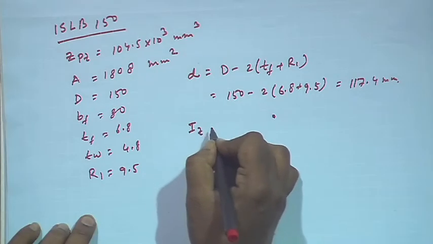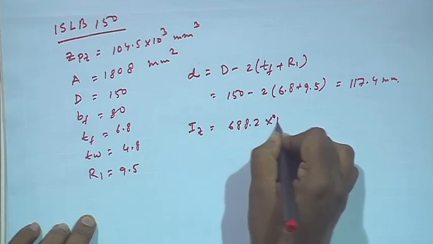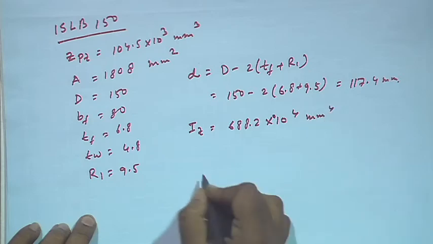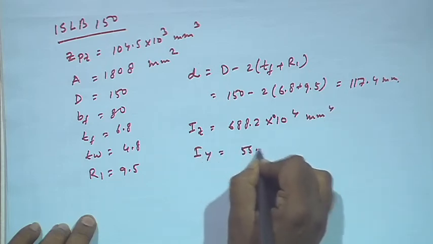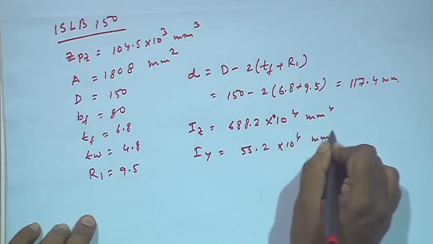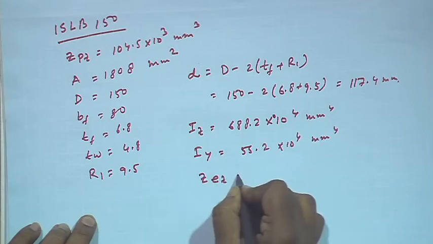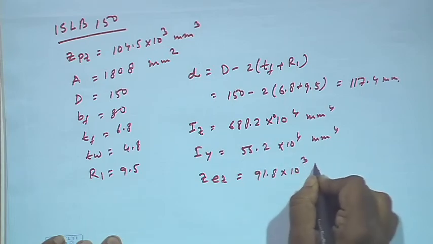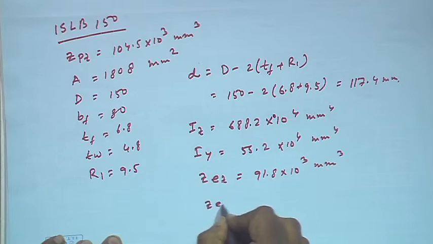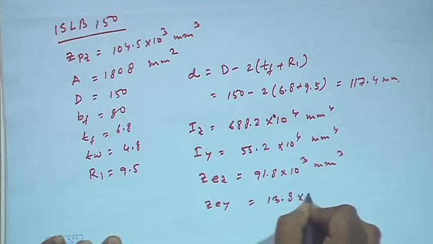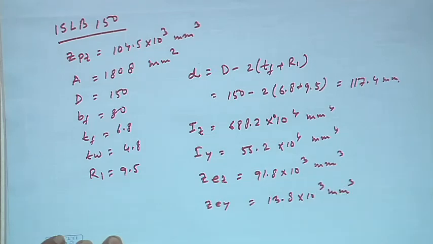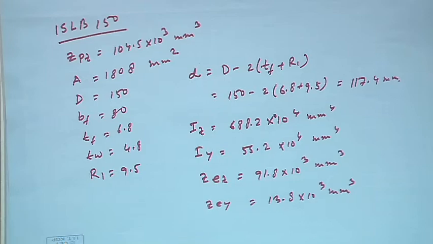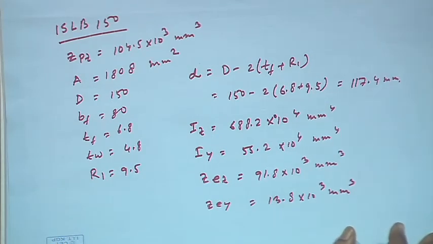Also, from SP6, Iz is 688.2 into 10 to the 4 millimeter to the 4, Iy is 55.2 into 10 to the 4 millimeter to the 4, and Zez, the elastic section modulus, equal to 91.8 into 10 cube millimeter cube, and Zey is 13.8 into 10 cube millimeter cube. So, we have all this data for ISLB 150.